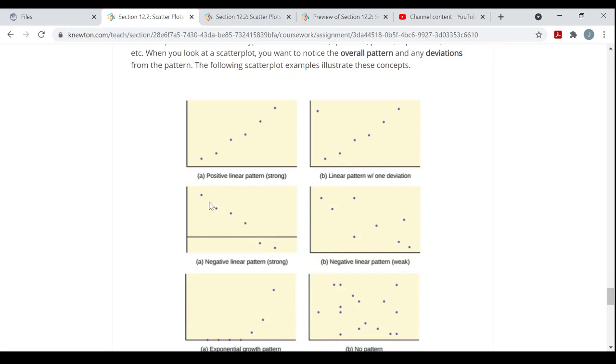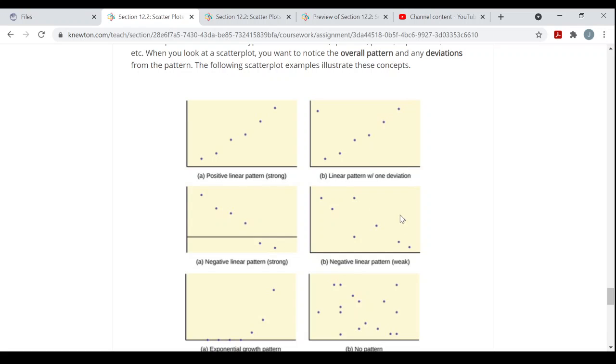Here are some points that have a strong negative linear pattern, right? They're close again to forming a line with a negative slope, where you see that low values of x correspond to high values of y, and high values of x correspond to lower values of y. That's a negative relationship.